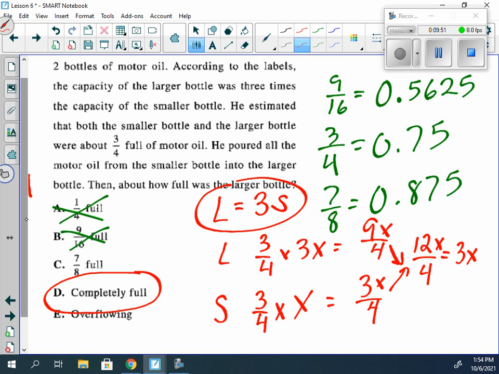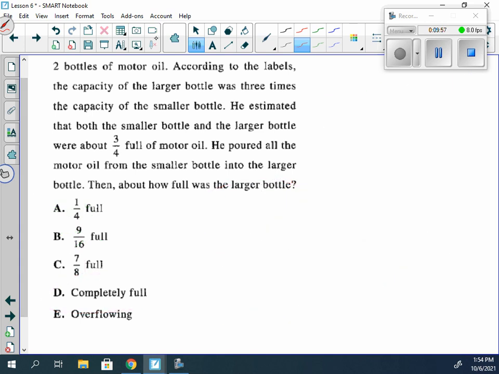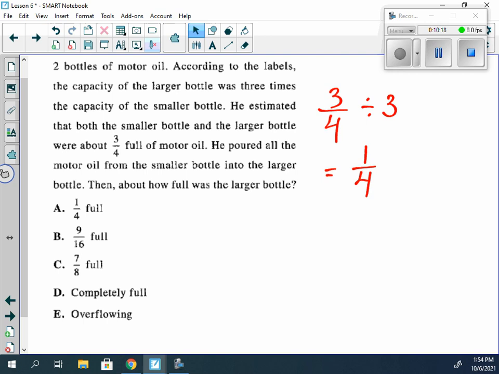Because we could have gone the other direction and really divided the smaller amount by 3. So if we said 3/4 divided by 3, plugged it in, we would get 1/4. 1/4 plus 3/4 is 1, so it's completely full. And that's it for that there.